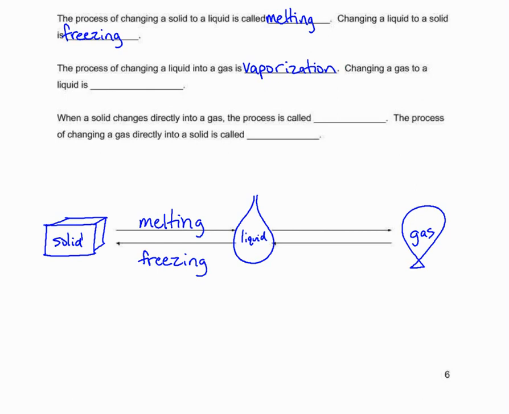Vaporization is the general term for a liquid changing into a gas. Evaporation is a specific type where the surface of, let's say, water, the liquid is escaping into a gas from the surface. And so it's a little bit more specific, but for our class, we're talking about liquid to gas, vaporization.